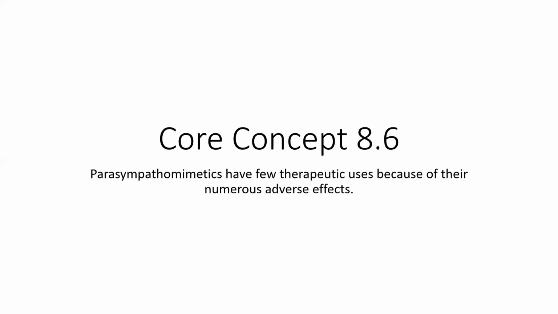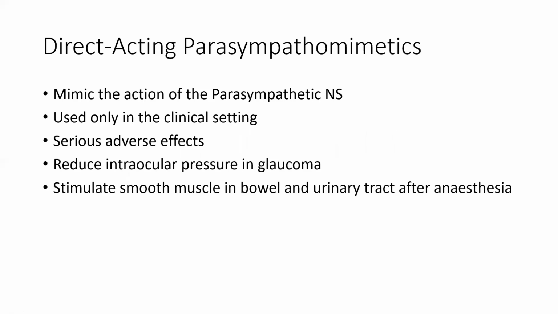Parasympathomimetics have few therapeutic uses because of their numerous adverse effects. We are talking about parasympathomimetics first. Now, direct acting parasympathomimetics. There are two different kinds: one is direct acting, and the other is indirect acting.